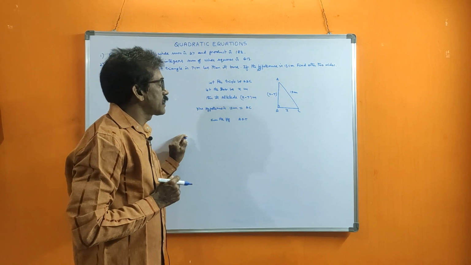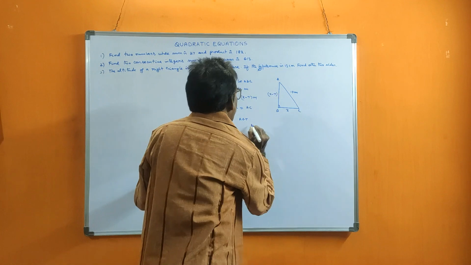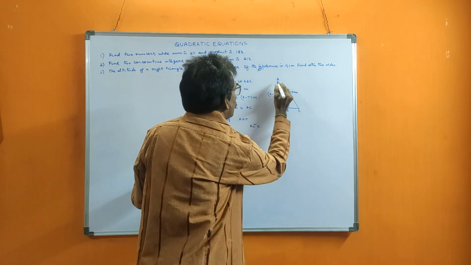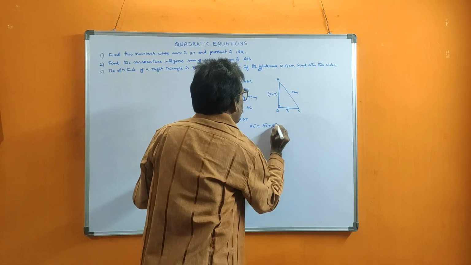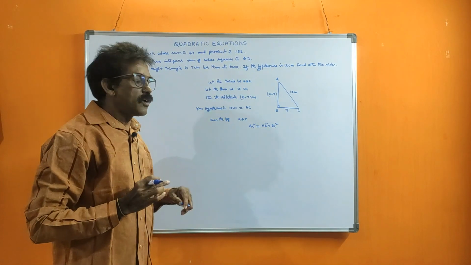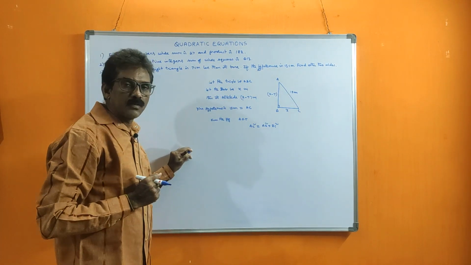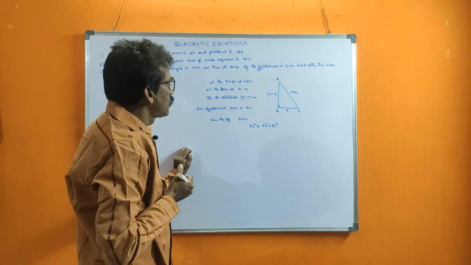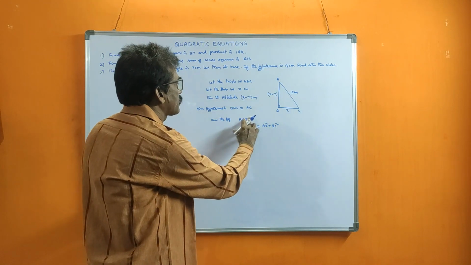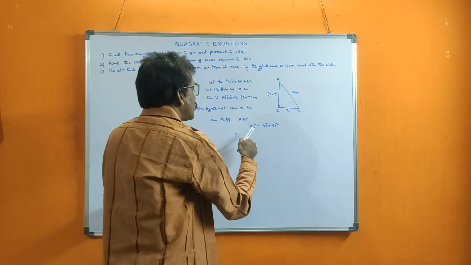According to it, AC square is equal to one side square, AB square, plus the other side square, BC square. Because this is a right angle triangle, hypotenuse square is equal to side square plus side square. In this, you substitute the values.